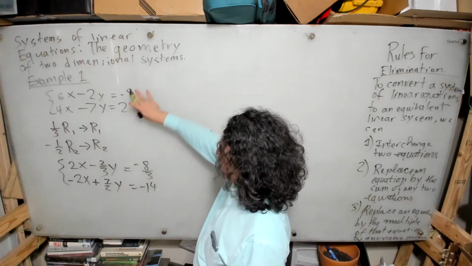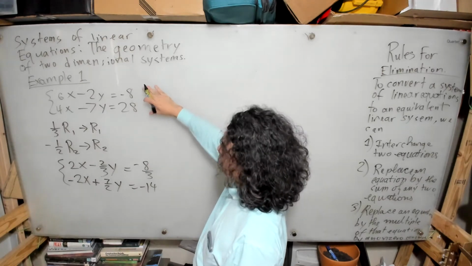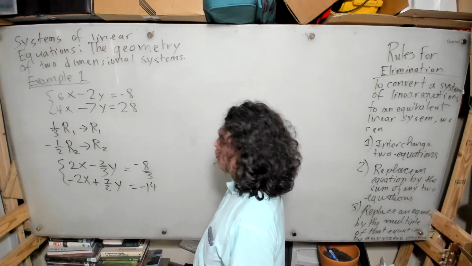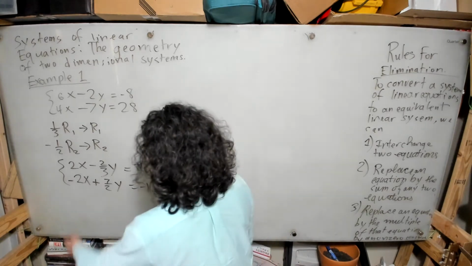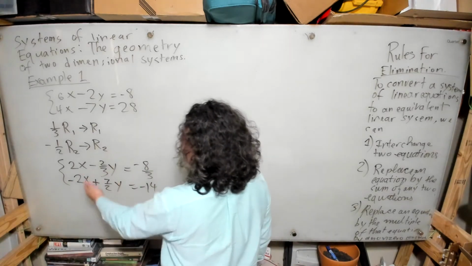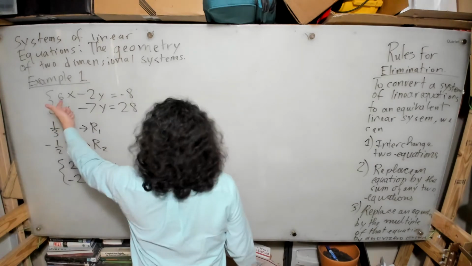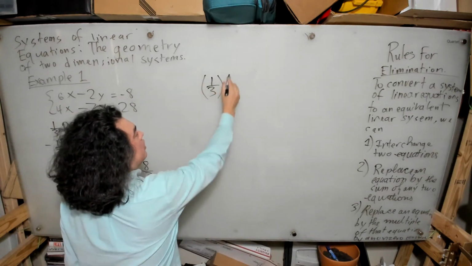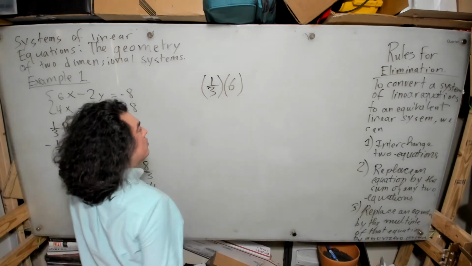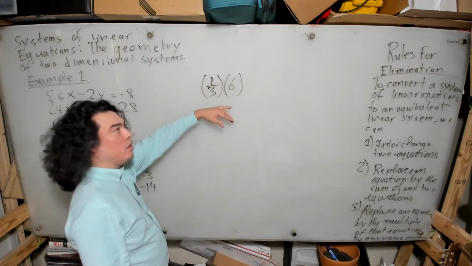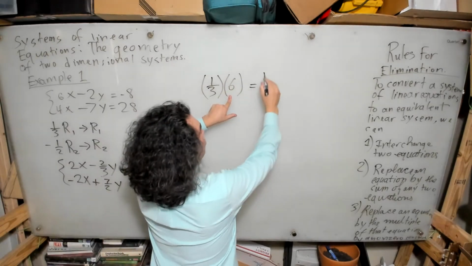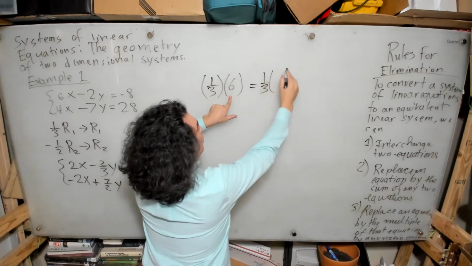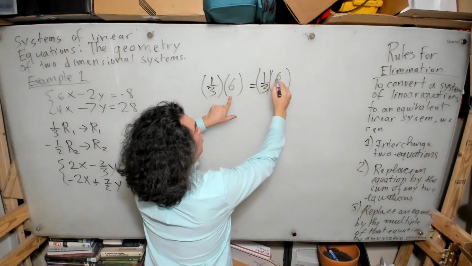So we've gone from this system to this equivalent system. Let me show you how we would have gotten some of these numbers. How did we get 1/3 times 6? We can't multiply directly, but we can rewrite the 6 as a fraction, so it would be 1/3 times 6/1.